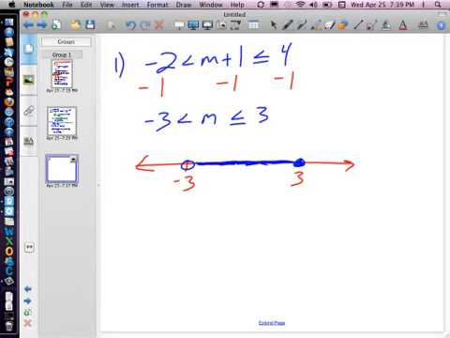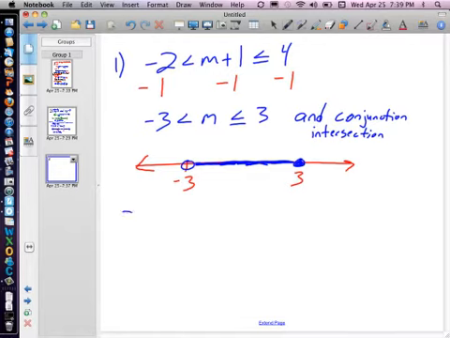Now I don't go past -3 to the left or past 3 to the right because remember this is an AND statement, a conjunction, also known as an intersection, which means only the intersection of the 2 separate graphs, so everything that works for both situations. Notice -4 would not work for the left side, and 5 would not work for the right side, so it's only those answers.